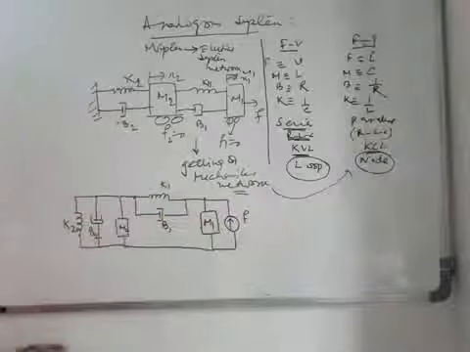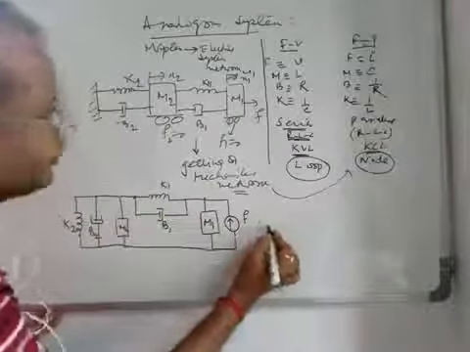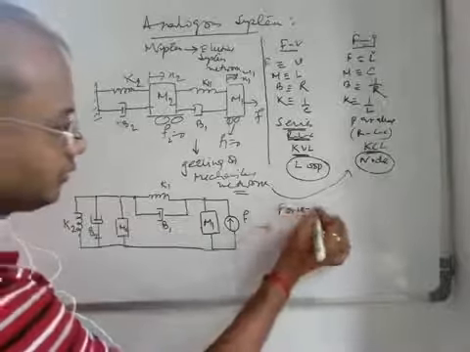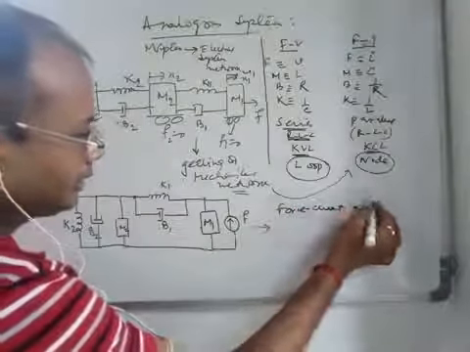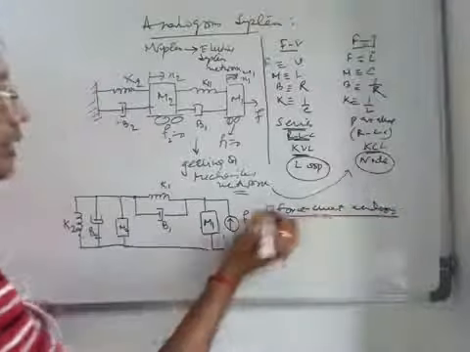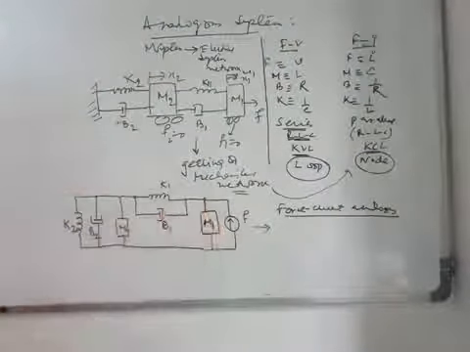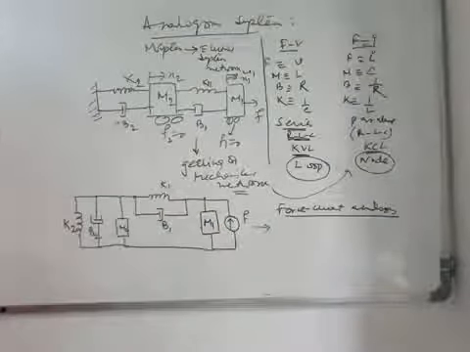Now see, I am doing what is known as the force current analogy, right? So you see, this is a node, this is a node. So how many nodes do you get? Two nodes. How many nodes should you get?